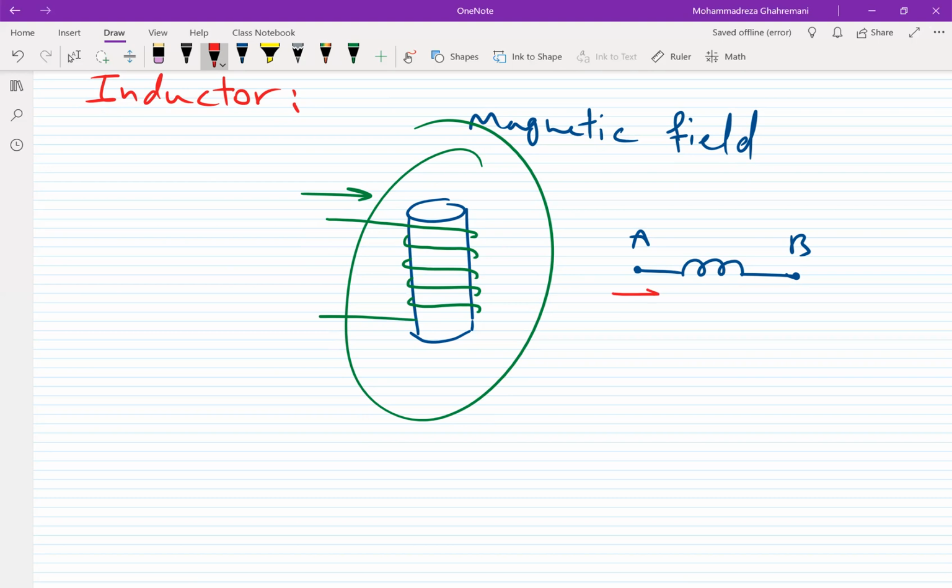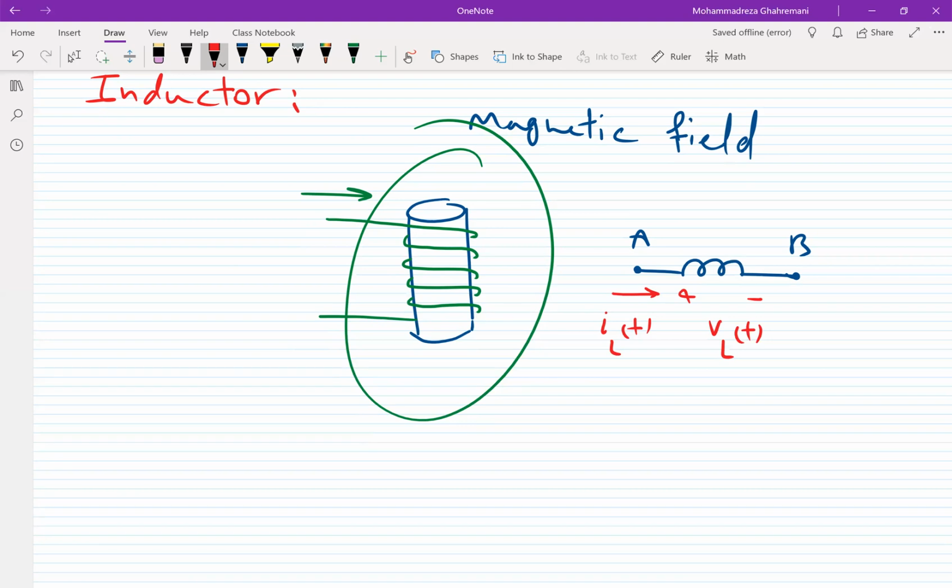It has the current moving through the inductor, which we call IL of t. There is a voltage across two terminals, which we call VL of t.